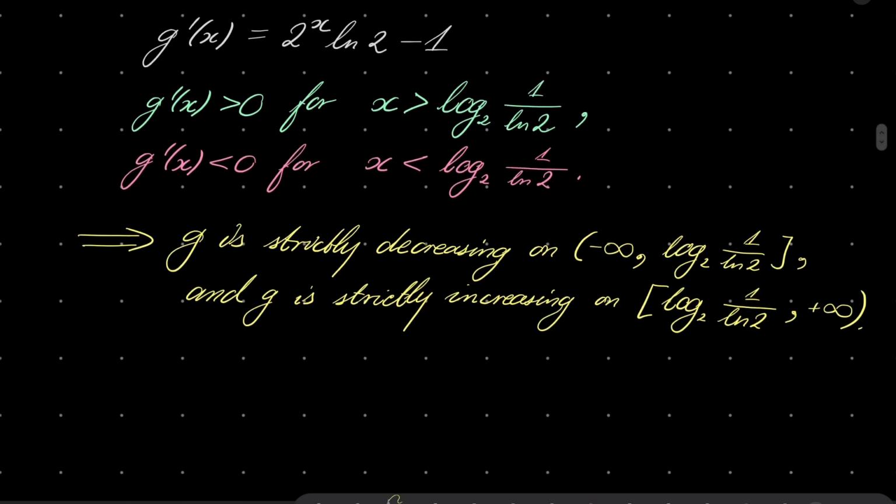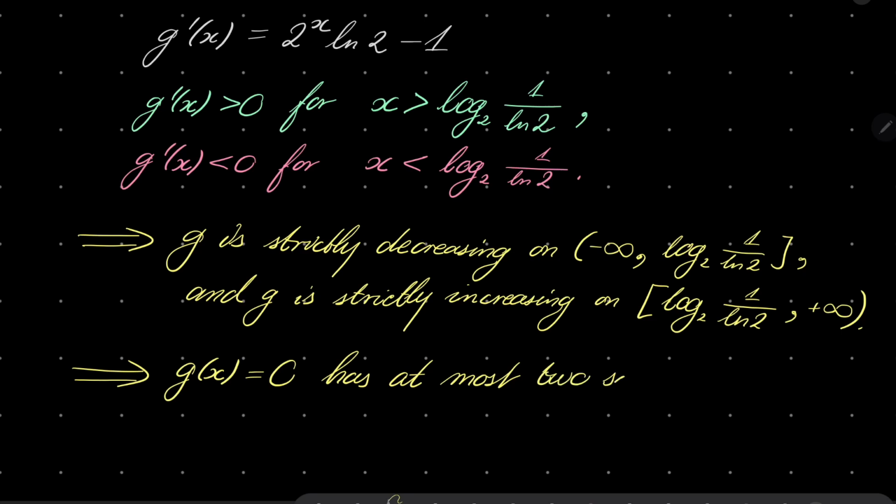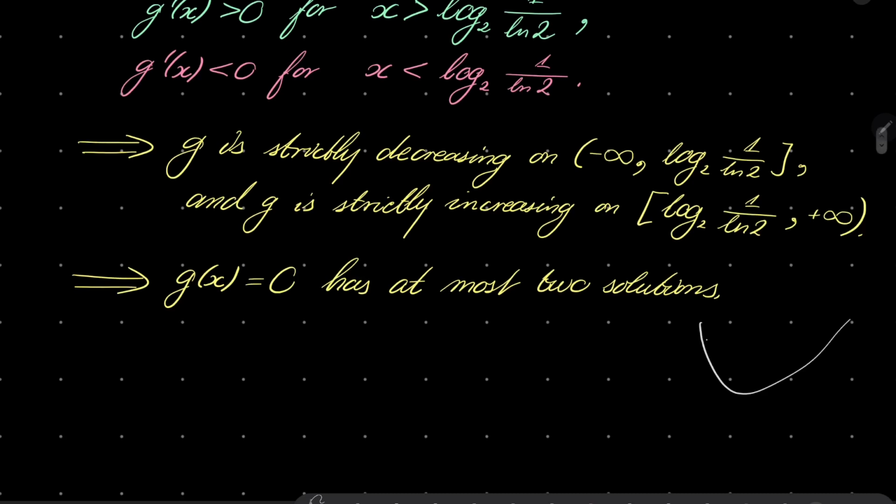All right. And now that means that our equation g of x equals 0 has at most two solutions. There cannot be more, because our function looks something like that. So either two solutions or 0 or 1.